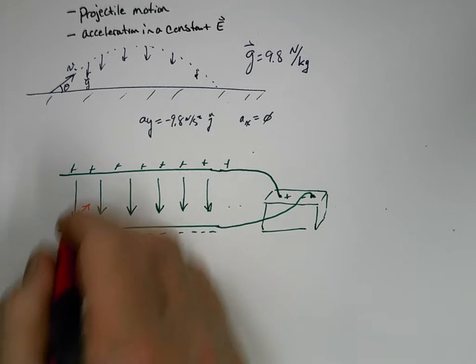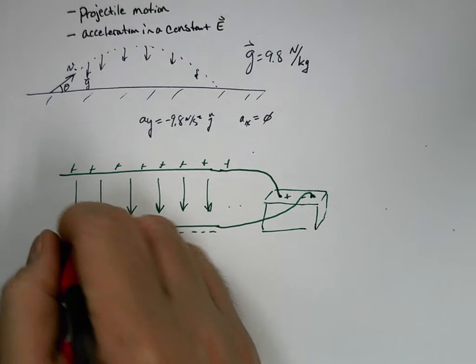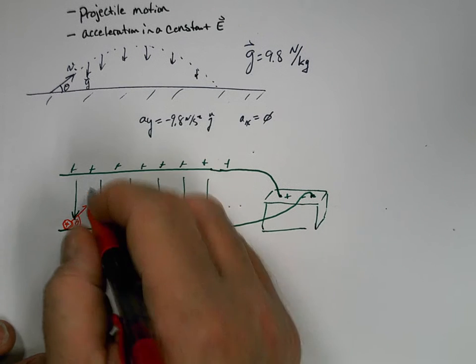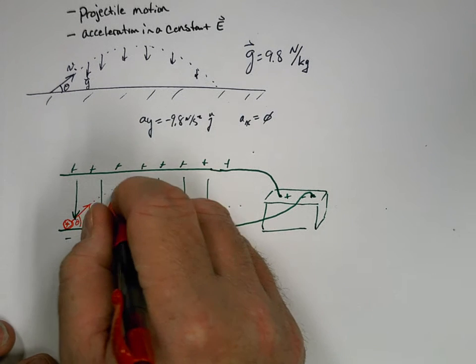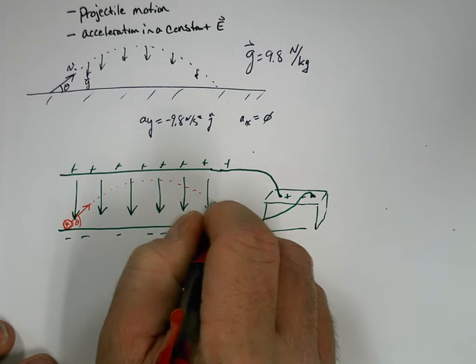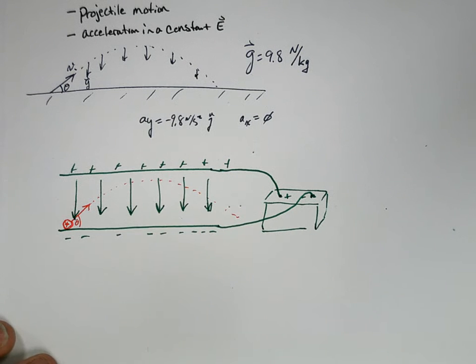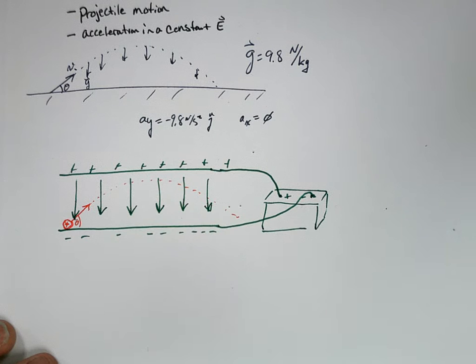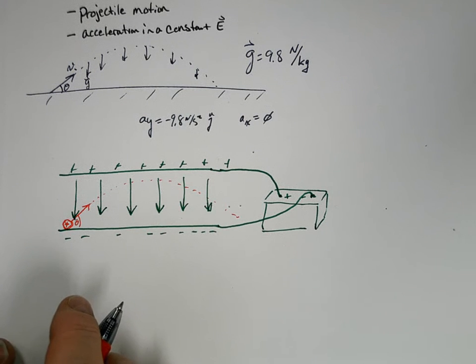Oh, I'm sorry, this is a positive charge here. Positively charged here. Okay. So it's going to travel in exactly the same way because it's in a uniform electric field, just like our particle up here was in a uniform gravitational field. It will experience the same kind of force.